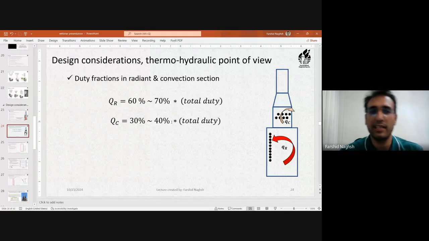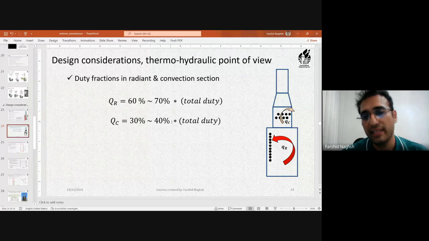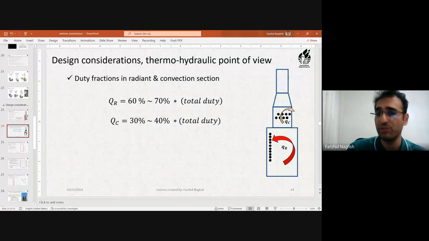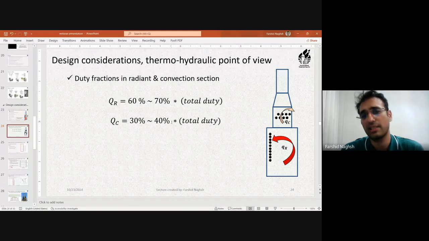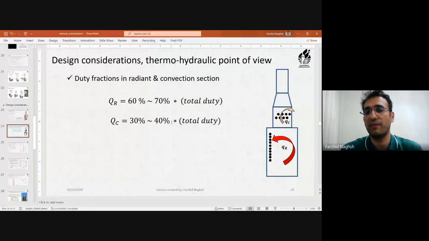This is the question that Mr. Kuhi asked: how much heat is absorbed inside the radiant section, and how much of the duty is absorbed inside the convection section. You see that the percentage is 60 to 70% inside the radiant section, and 30 to 40% inside the convection section.